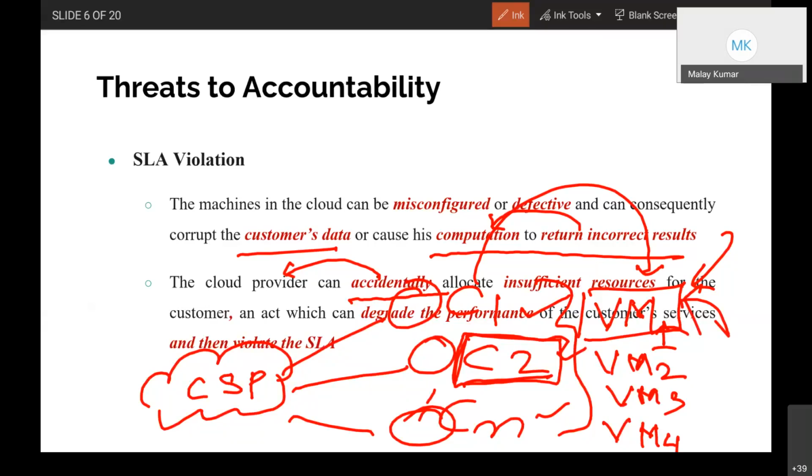But maybe the resources are not available on that particular physical machine, and the cloud service provider does not want to lose its large client. What will it do? It will just remove the allocation of this virtual machine, and at that time the quality of service promised in the SLA agreement with the client will be violated. Such incidents happen in the cloud service environment.